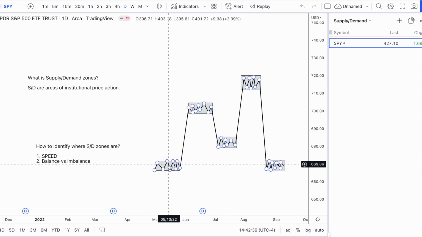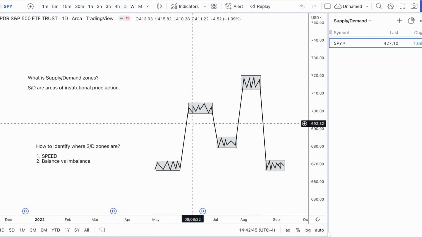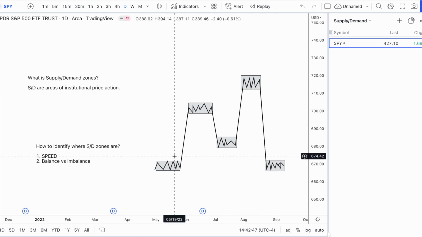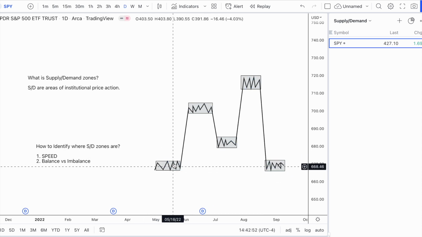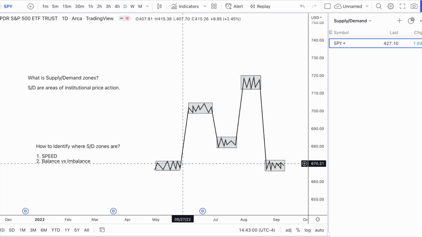You have gray zones and then you have these black lines, right? The black lines everywhere is price, right? This is all price. The gray zones are areas of consolidation, right? So when price is trading in a tight range, not a lot of movement, that would be called balance, right? That's balance. And then you have areas where price is inefficient.